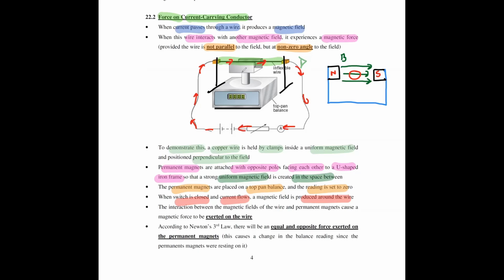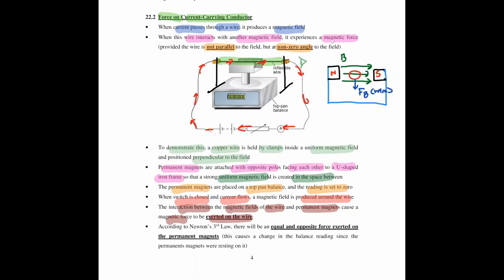As the current flows, it will cause a magnetic field to be produced around the wire. And that magnetic field of your wire will interact with the magnetic field of the magnets. The interaction between the magnetic fields of the wire and permanent magnets will cause a magnetic force to be exerted on the wire. So say for example, right now the wire has a magnetic force acting downwards on it. This is the magnetic force acting on the wire.